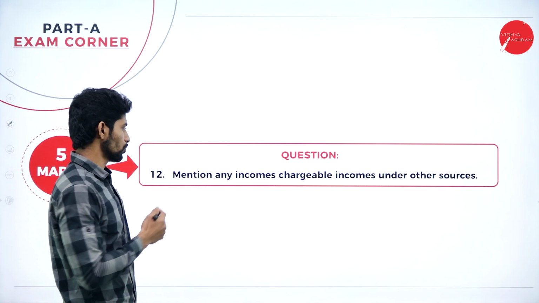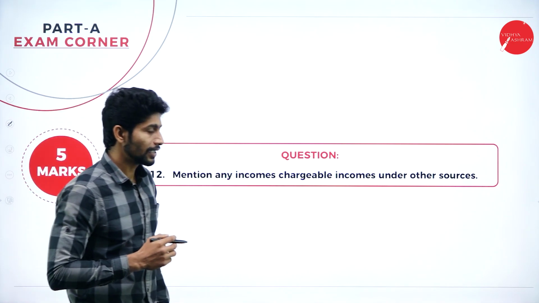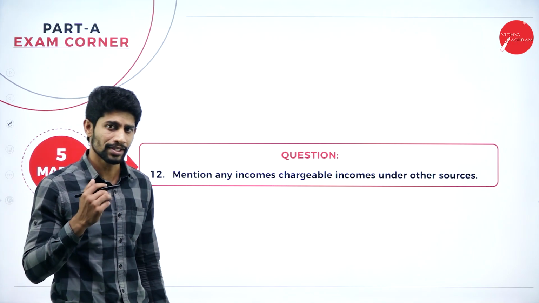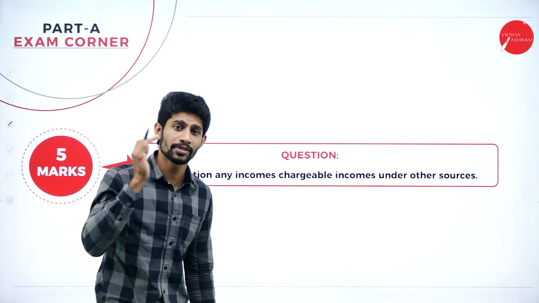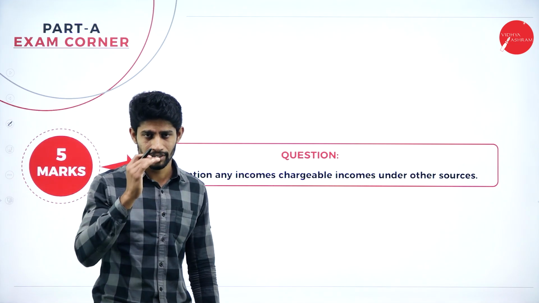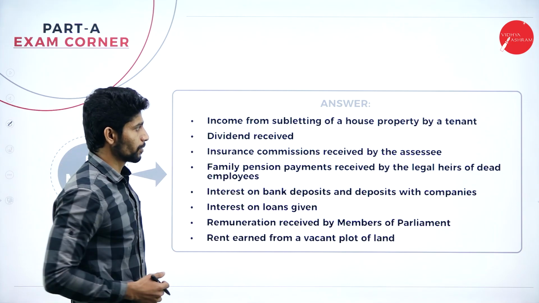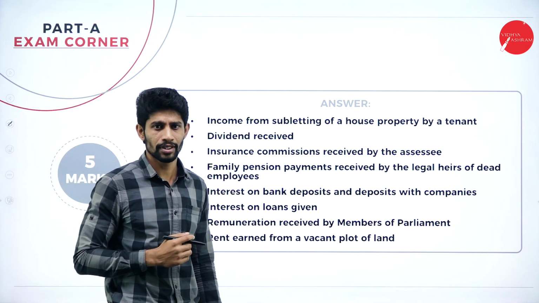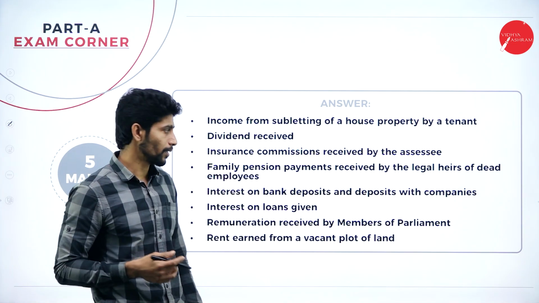Next, they might ask you to mention any incomes chargeable under income from other sources. That means you are supposed to mention the incomes which come under income from other sources. Here you can mention income from subletting of house. Yes, obviously it comes under income from other sources. Next, dividend received. Yes, it comes under income from other sources.